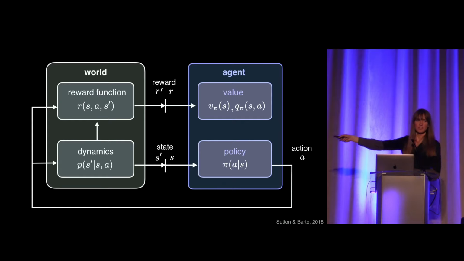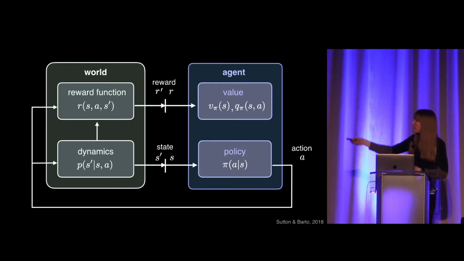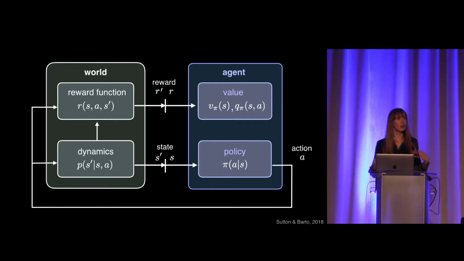We can assign a value to a particular state of the world or to an action that was taken in a particular state of the world. These value functions maintain internal estimates of long-term expected reward. So how good do I think this state is? Or how good do I think taking this action from this state is? And by good, we're thinking about this in terms of how much reward I expect to accumulate in the long term.